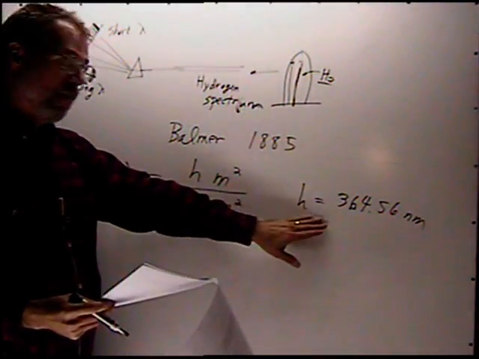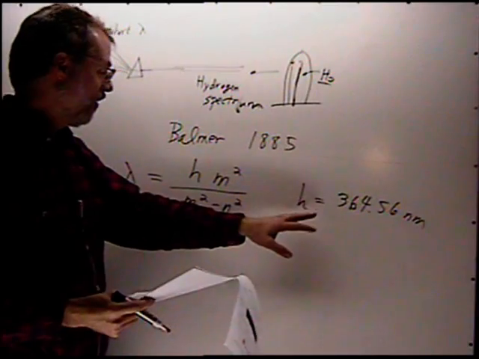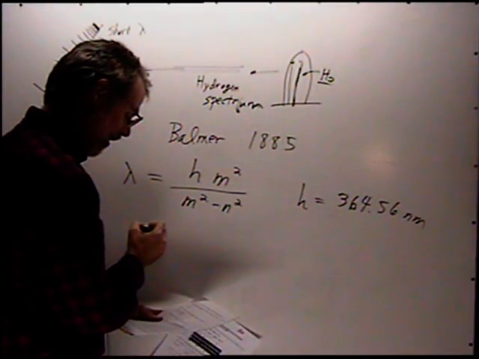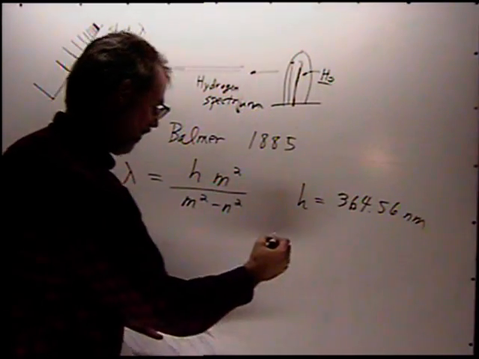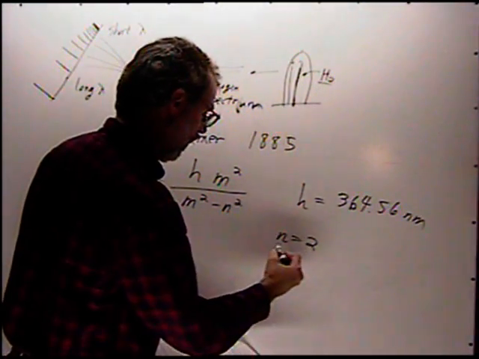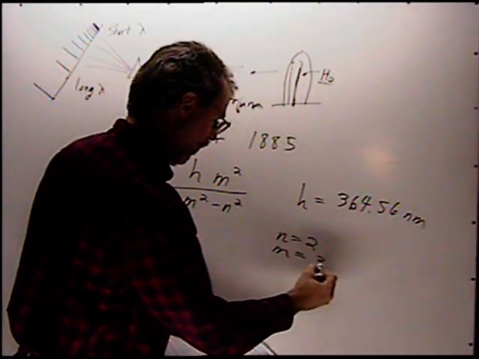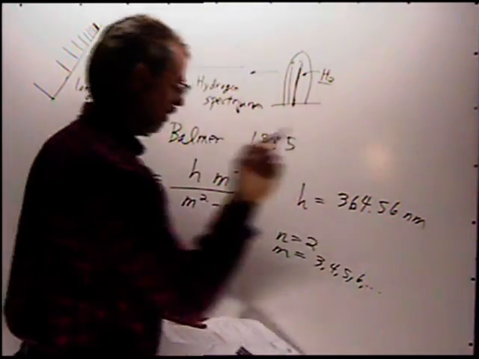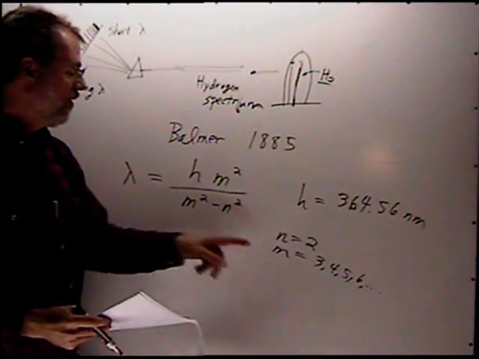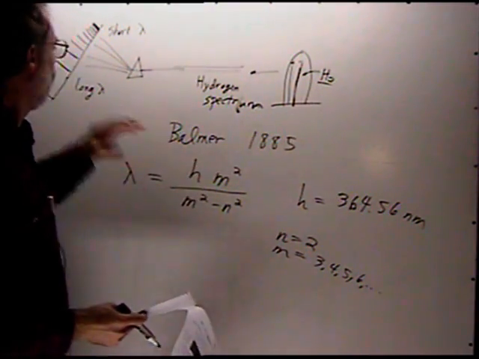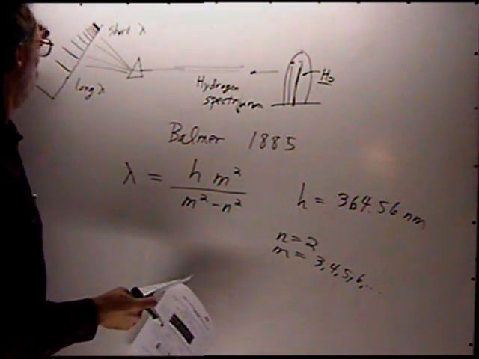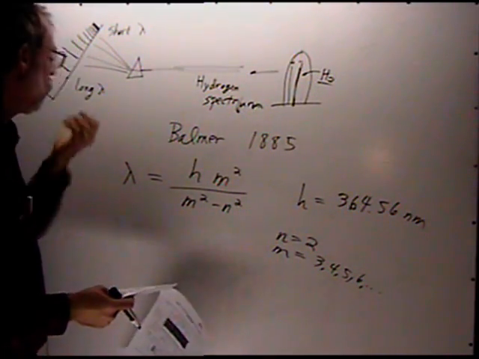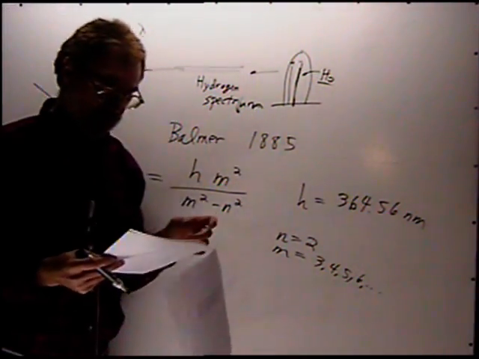This is not Planck's constant, just some other arbitrary constant he came up with. And n equals 2, and m equals 3, 4, 5, 6, and so on. So these are integers, and if you plug this in, sure enough, it predicts where the next wavelength is going to be.